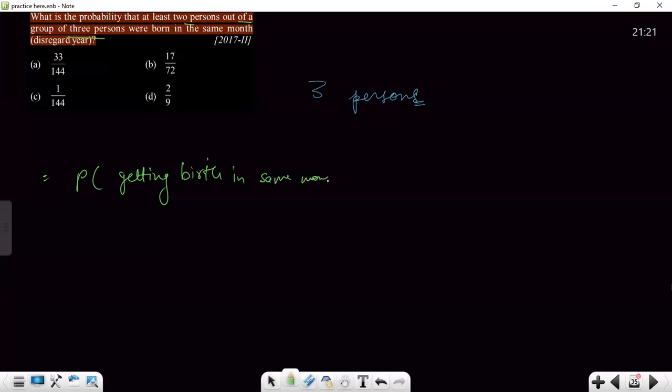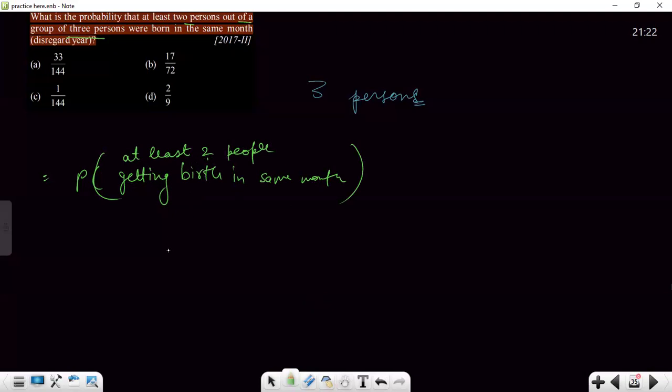Same month. Probability of getting birth in the same month, at least two people. So the event reads like: probability of at least two people getting born in the same month.